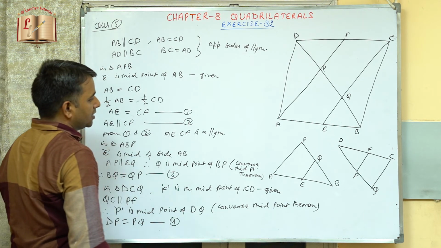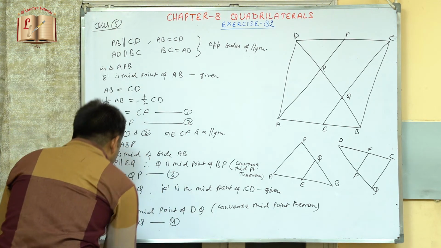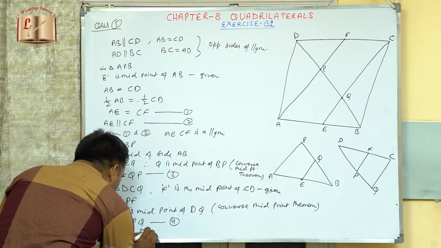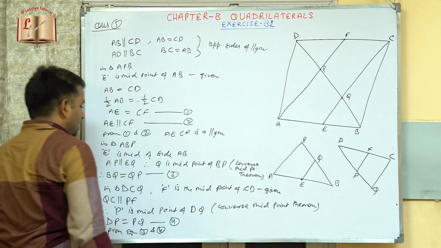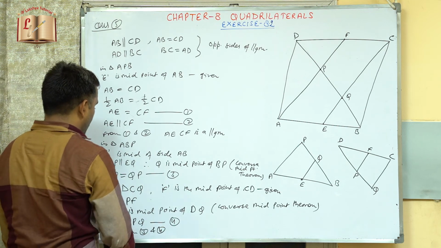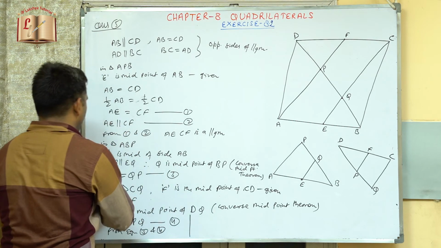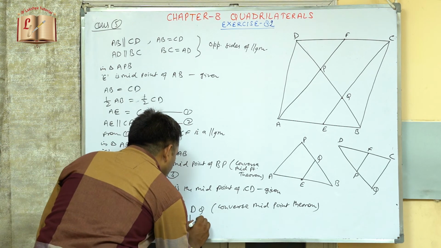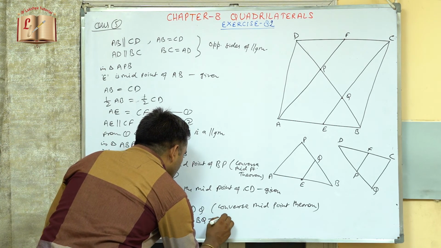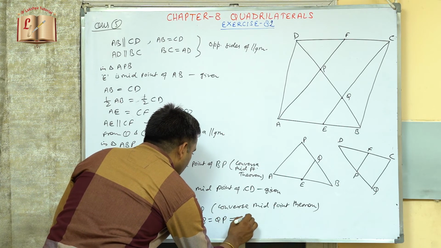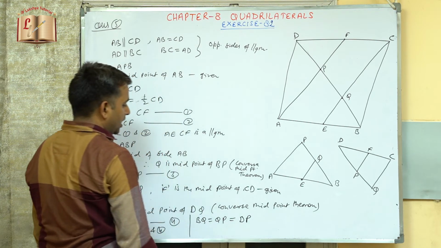So from equation 3 and 4 we got BQ is equal to QP, and this is equal to DP. So all are equal.